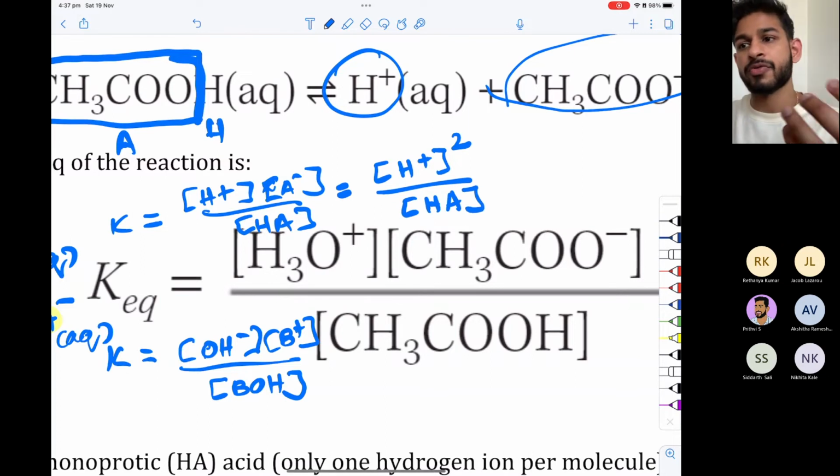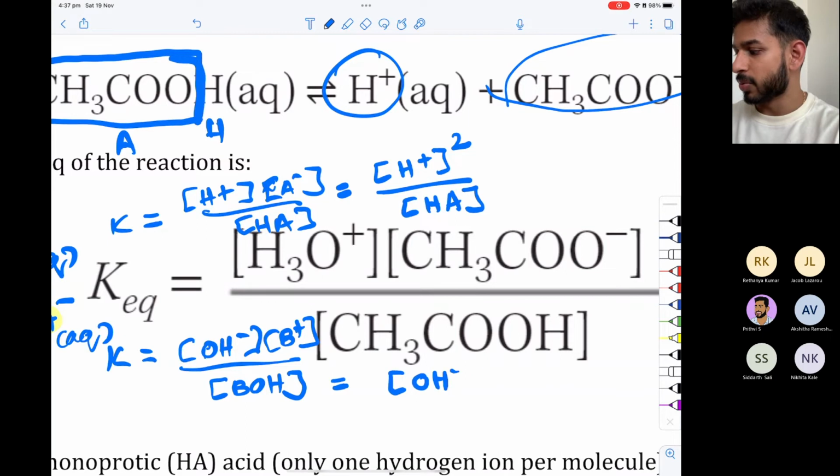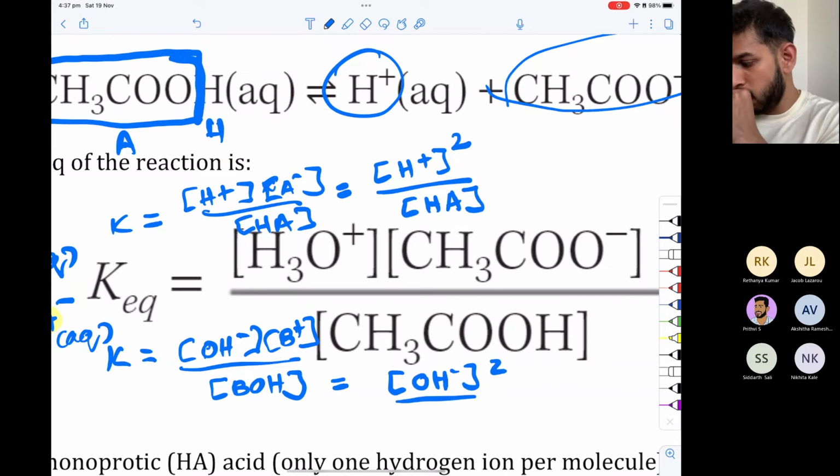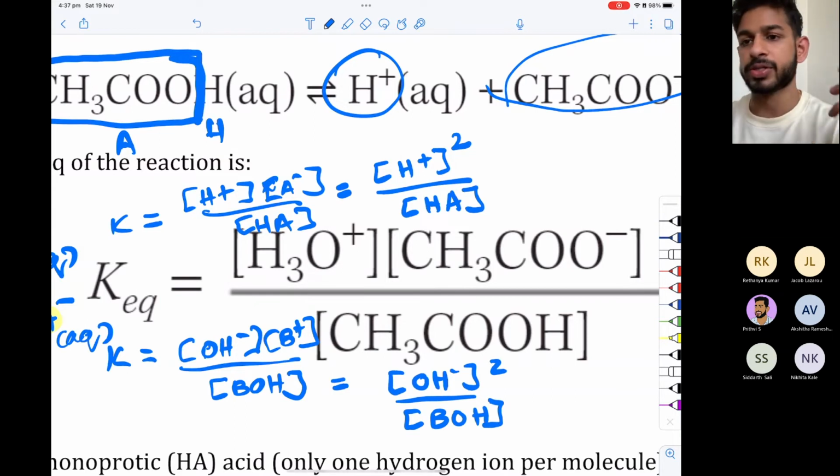And you see now we've gotten rid of one more unknown, right? We don't care about the A minus. We want to write everything in terms of H plus. Since A minus is equal to H plus, it's just H plus squared divided by HA. And by that same logic, K here would be equal to OH minus squared divided by BOH. That is all this dot point wants you to know for now.